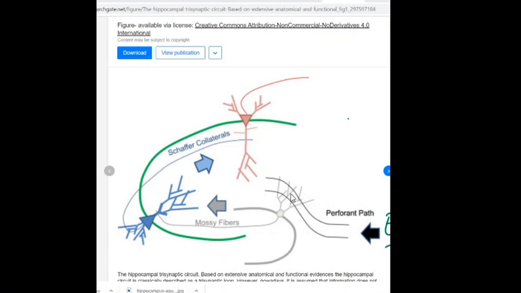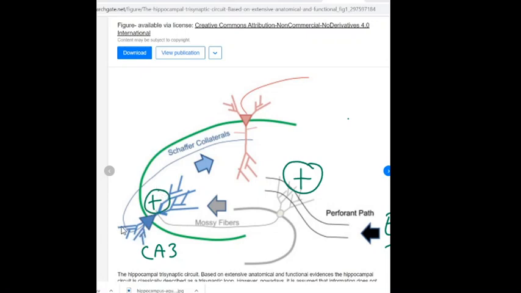You have an important synapse here. So synapse number 1 onto the cells in the dentate gyrus, which are called mossy fibres. They synapse onto CA3 neurons. So this is another important synapse here.